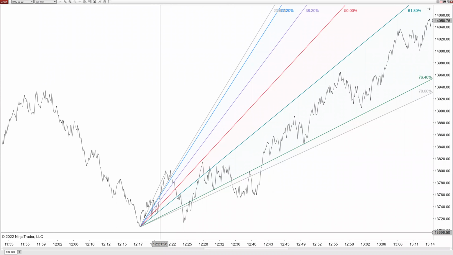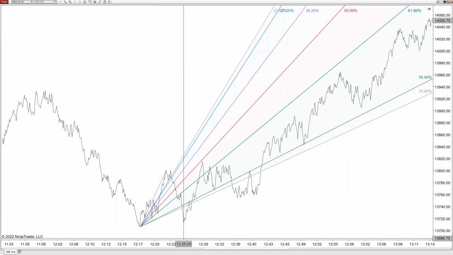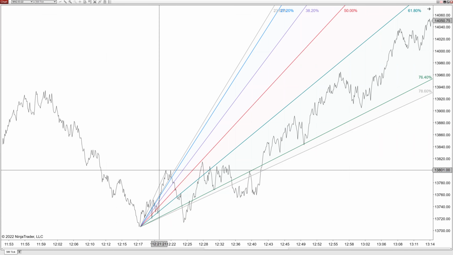if you don't have them applied correctly, the way that they appear on the chart is not going to be as useful to you as it is with a little bit of manipulation. So this is what it looks like this morning based upon this first initial move.